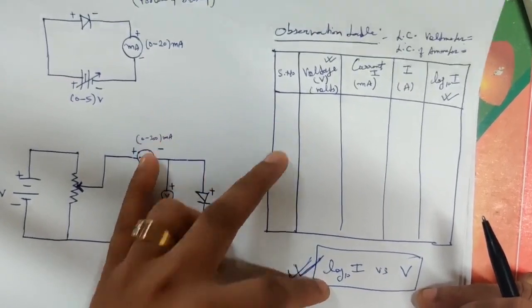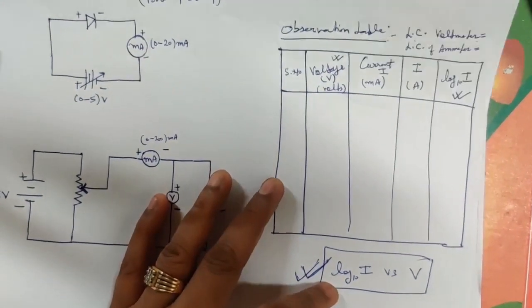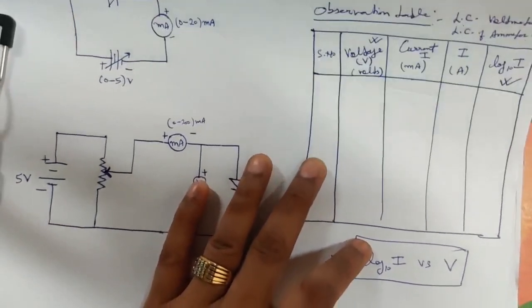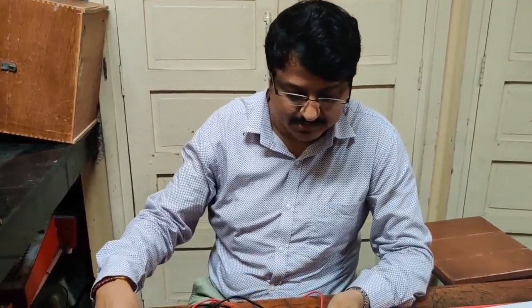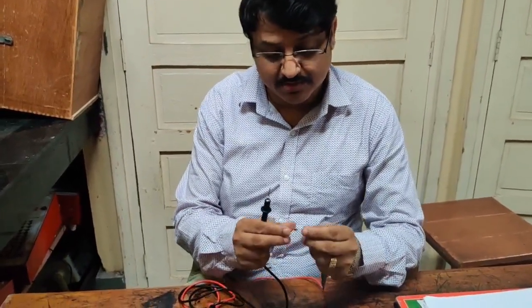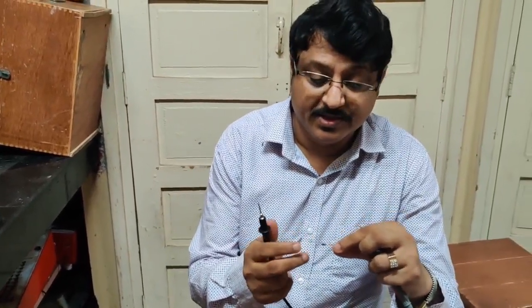All right. Now I am going to perform or demonstrate this experiment, how it works. Before I start the experiment, let us verify whether this PN junction diode is working or not. Okay.